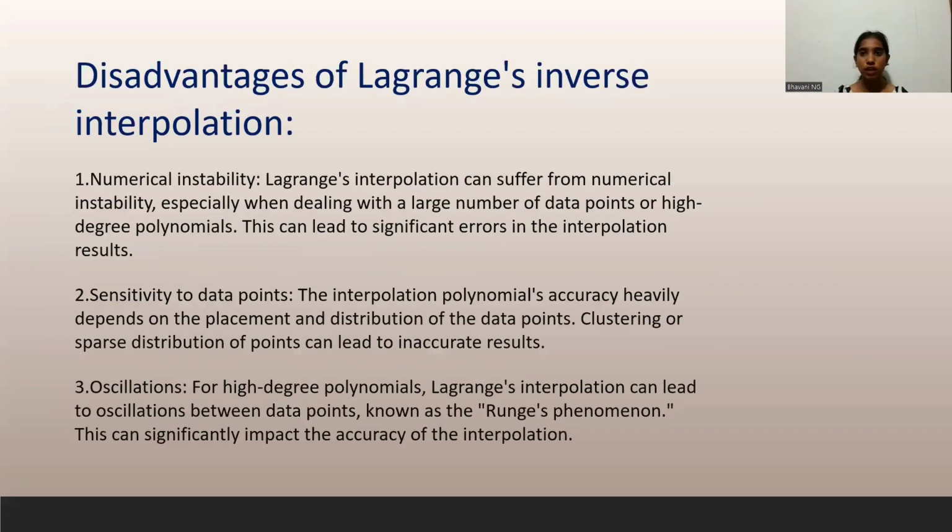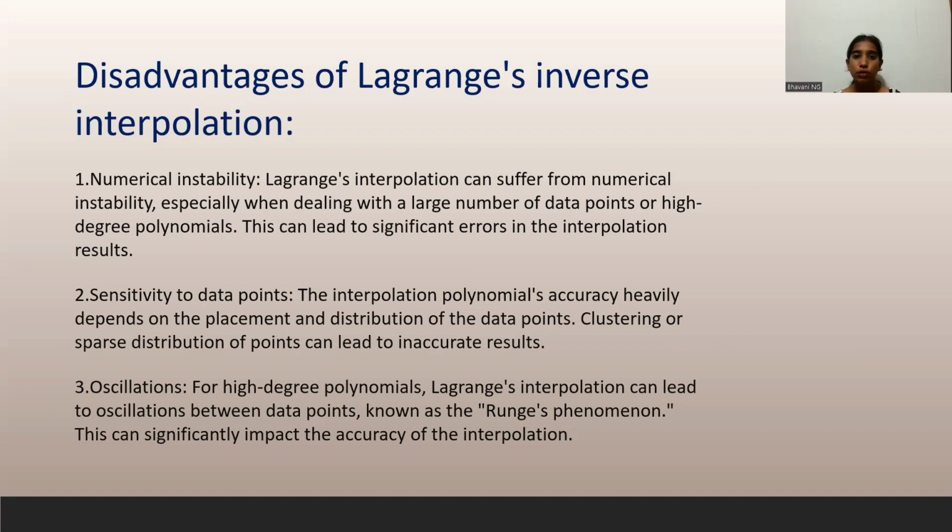Disadvantages of Lagrange's inverse interpolation. Numerical instability. Lagrange's interpolation can suffer from numerical instability, especially when dealing with a large number of data points or high degree polynomials.